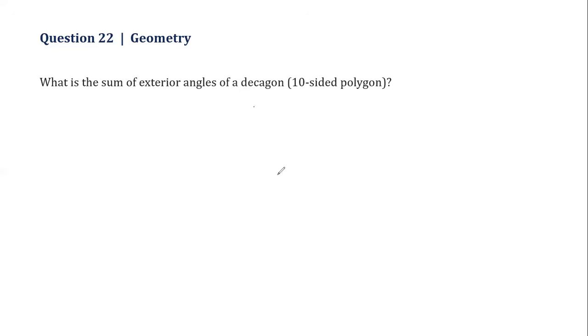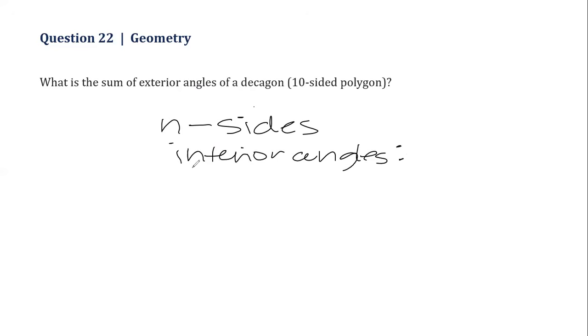Okay. Can anyone tell me the sum of the interior angles of a polygon with n sides? Is there any formula to find the sum of interior angles for n sides?